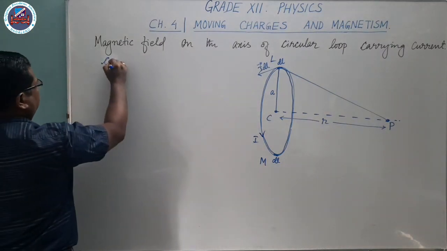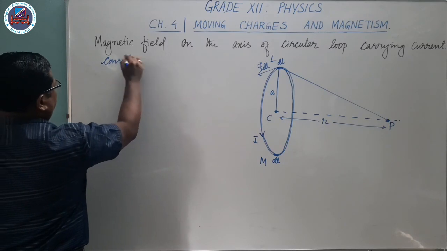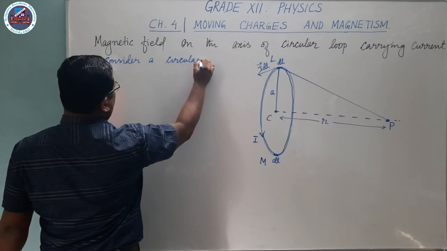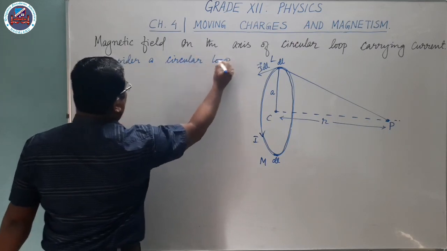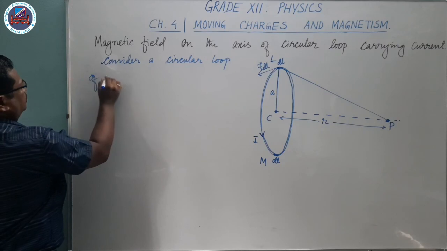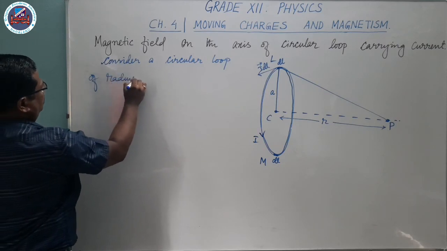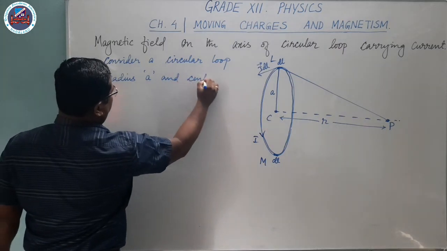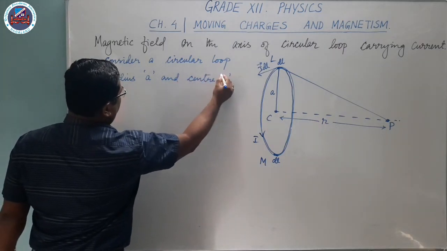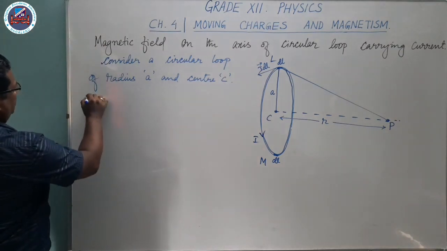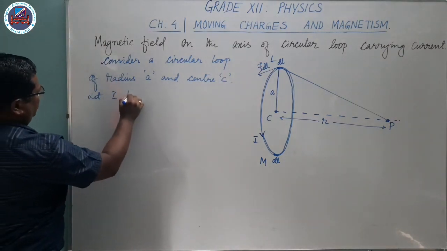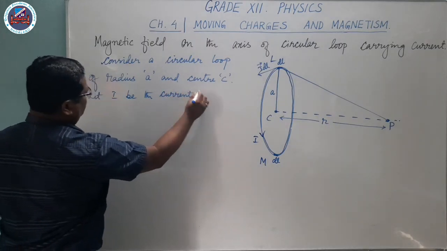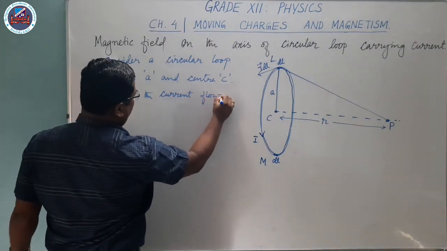Consider a circular loop of radius a and center C. Let I be the current flowing in the loop.